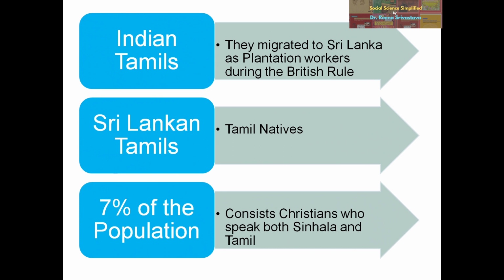Students mostly ask what's the difference between Indian Tamils and Sri Lankan Tamils. The Indian Tamils are the ones who migrated to Sri Lanka as plantation workers during the British rule. You must have heard about indentured labor who were taken by Britishers to their other colonies. So here people from South India, mostly Tamils, were taken as indentured labor.